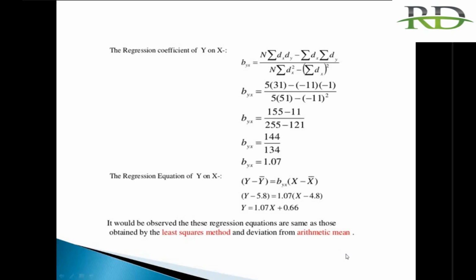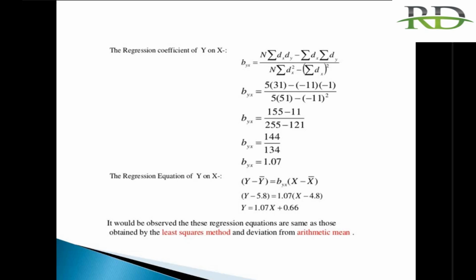Suppose we have some data of yield and the area of some region. So we have established the relationship between area and production, yield and area.